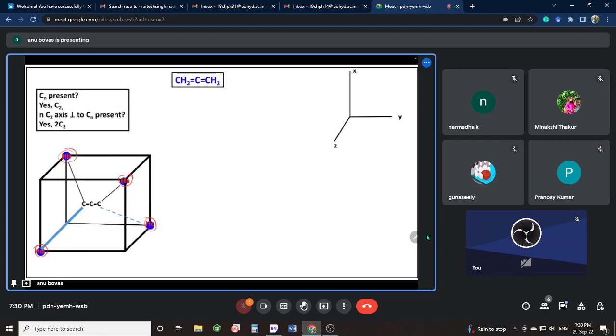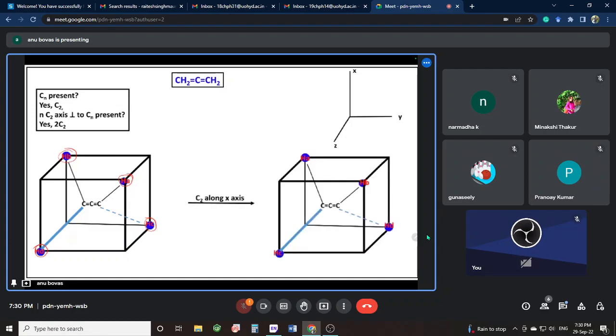If we rotate it by 180 degrees, what will happen? This HA will move here, HB will come here, and HC will move here, HD will come here. So we are getting an indistinguishable configuration. So this has a C2.